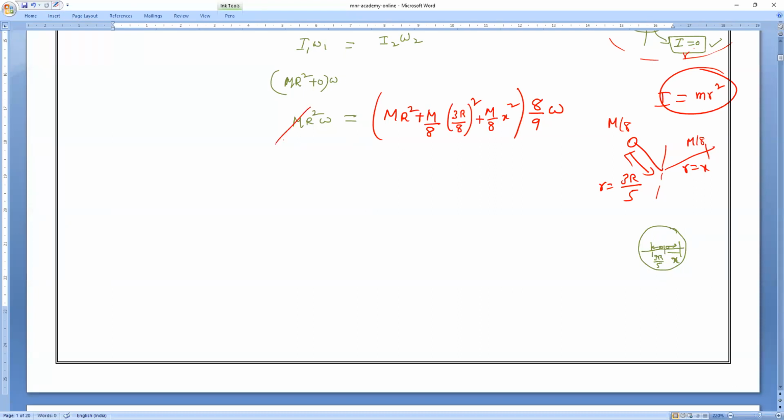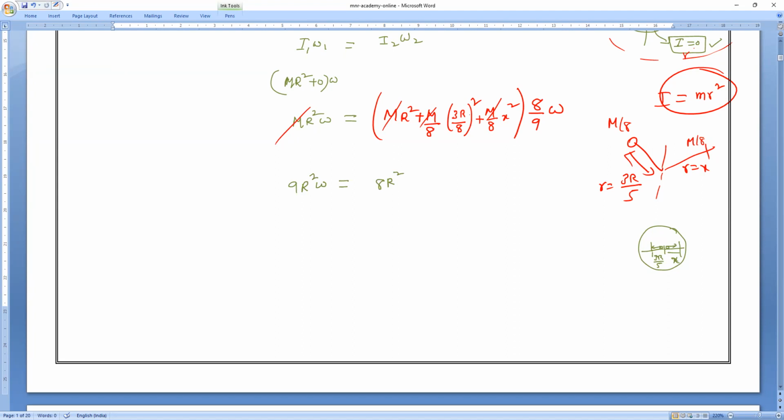Now all of you observe very carefully. Everywhere m is common. Can I strike m out? M will get cancelled. Now 9 is in multiplication, so it will come to this side: 9r square omega equals 8 into r square, 8r square, and omega I will keep.